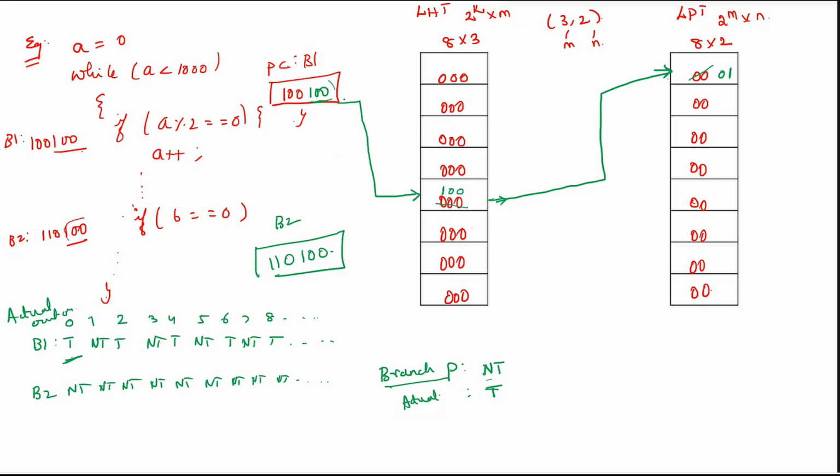First, using this, we enter into the local history table, and from there we move to the local prediction table. Based upon the state transition, you update the values, and in parallel we have to shift. It's just a kind of shift register. This is for branch 1. So it will be like this: branch 1, branch 2.